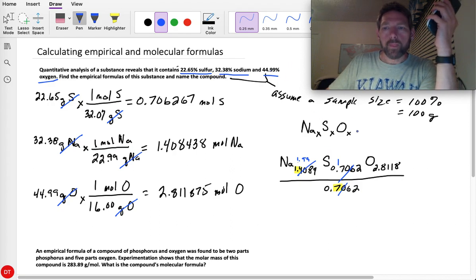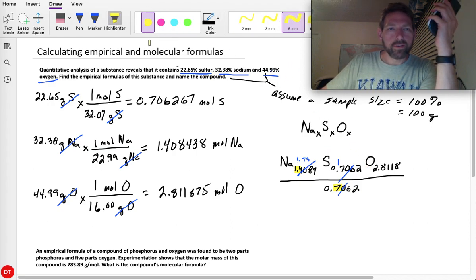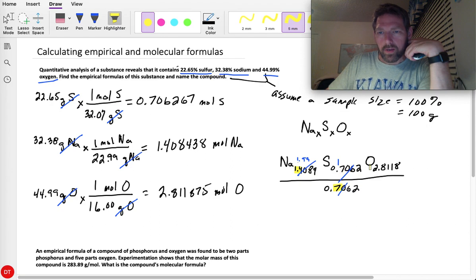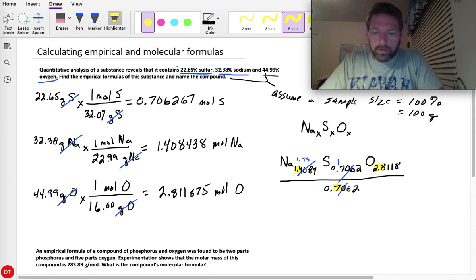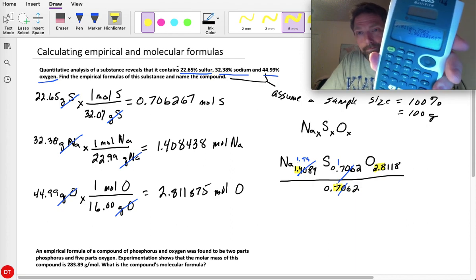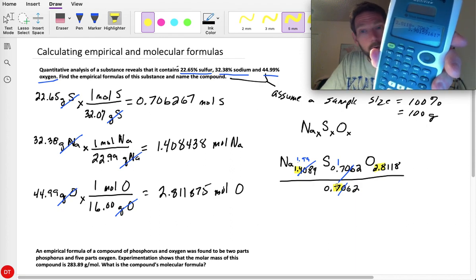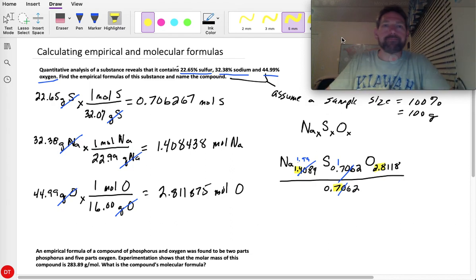And then you should be able to see that this is essentially 28 divided by 7. That's 4. So let's see what happens. We've got 2.8118 divided by 0.7062, and we get 3.981 and so on, right?